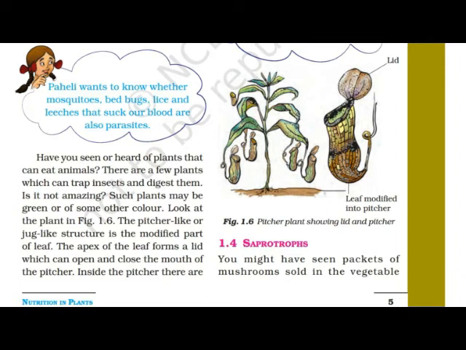When any insect lands on the pitcher, the lid automatically closes and the insect gets trapped in the hairs present inside the pitcher plant. Here we can understand that the insect is eaten by this insectivorous plant. So we can say insect eating plants are called insectivorous plants.